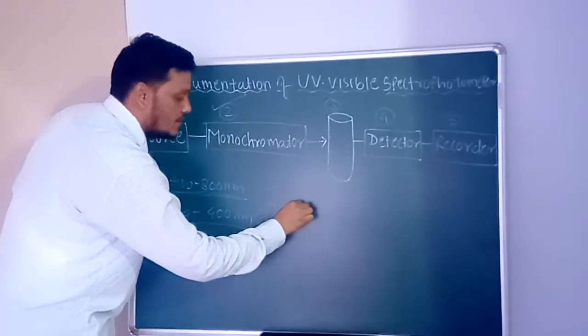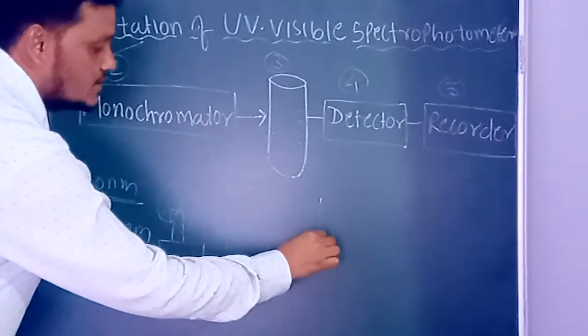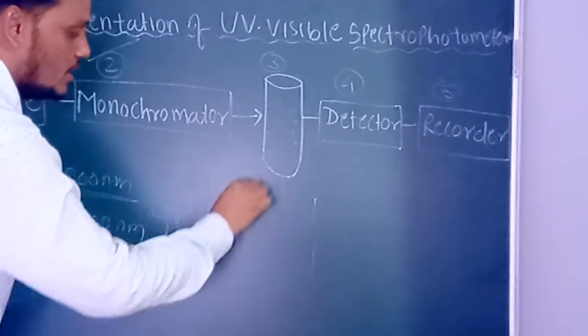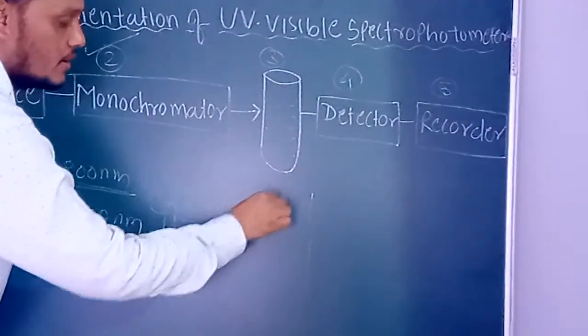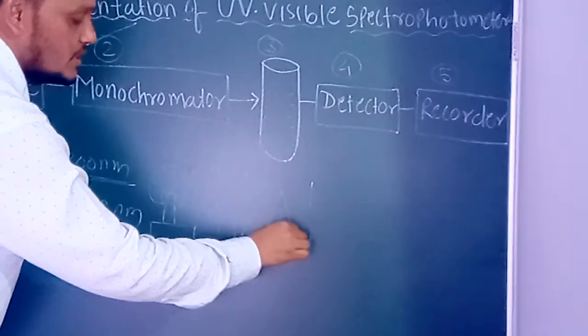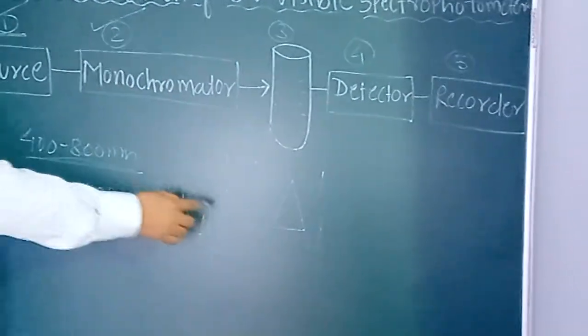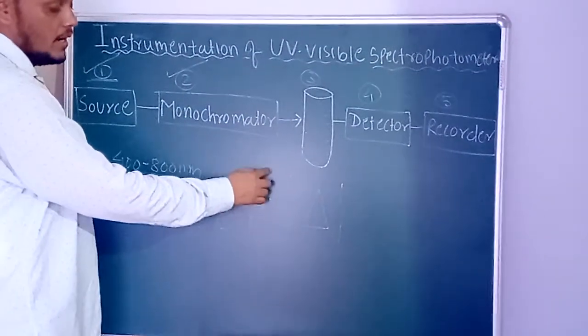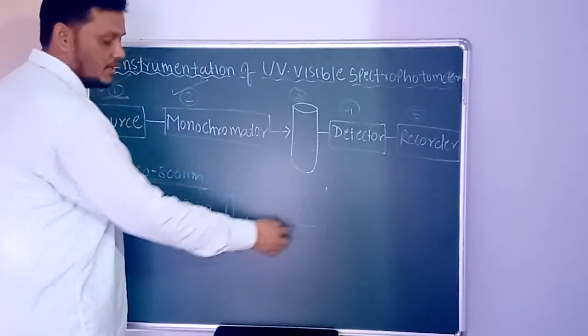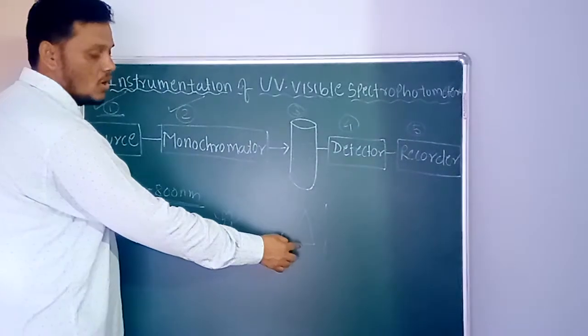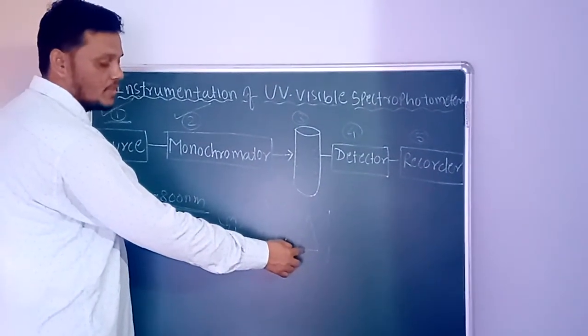Here is the entrance slit, exit slit, here is a lens or mirror, and here is the dispersing medium or prism. So the monochromator consists of three different parts: entrance and exit slit, lens or mirror, and dispersing medium or prism.